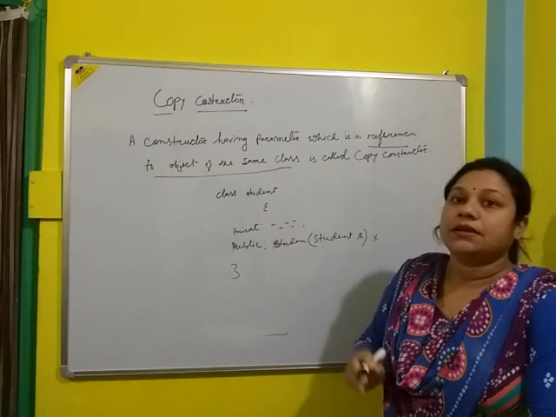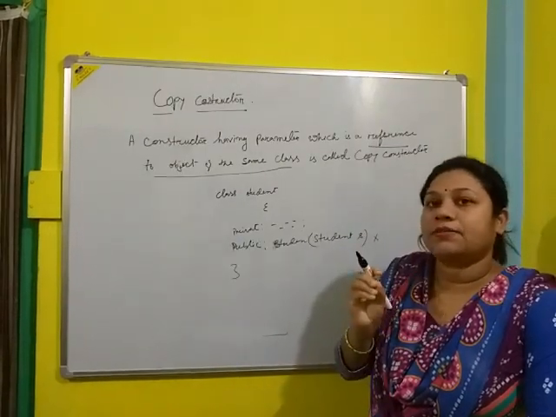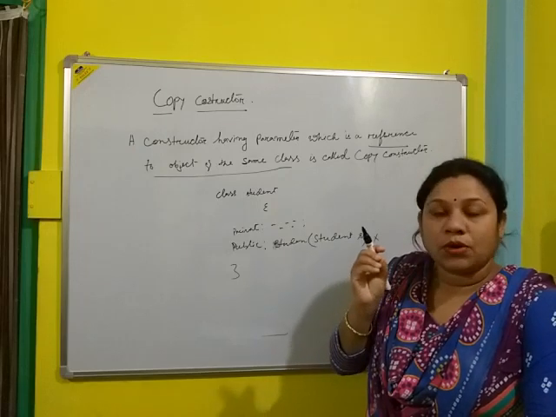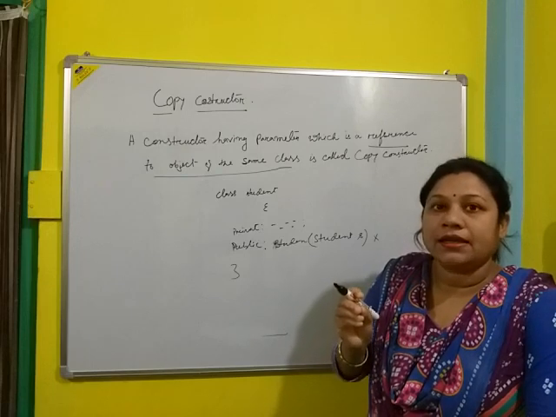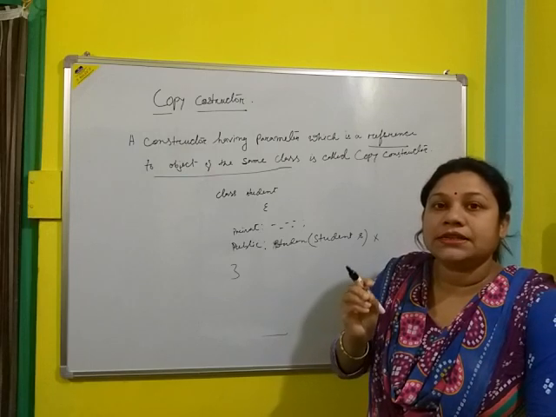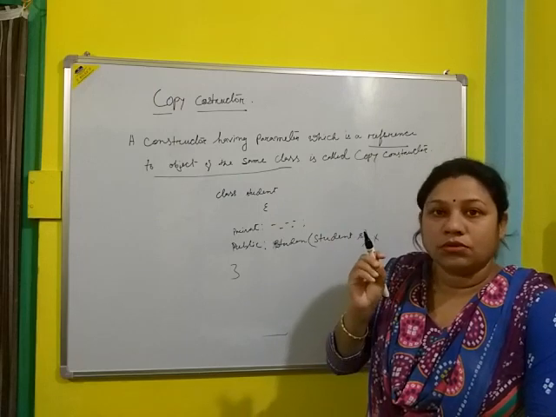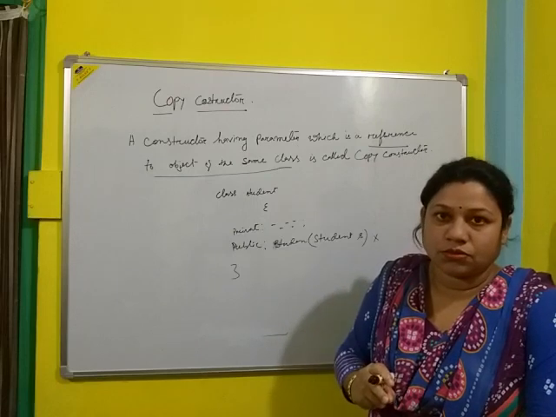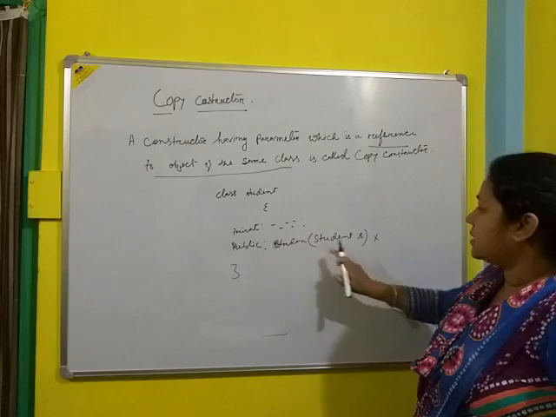Reference means instead of passing the object of the same class as an argument to the constructor function, I am going to pass the object by using the reference method. Reference method means I am going to give the address of the object inside the constructor.